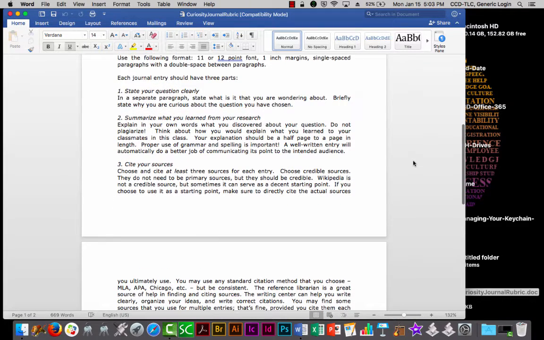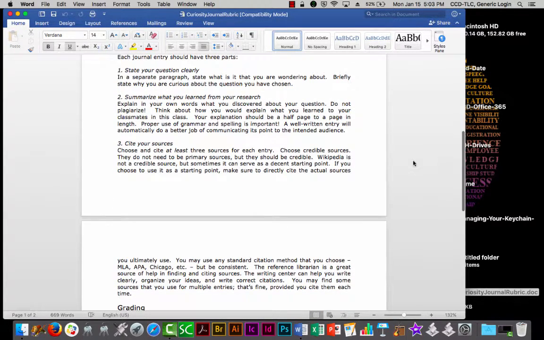You need to have 3 parts. The first paragraph should be stating your question, and again, this should be its own paragraph. What's the question and why are you curious about this? Then the next couple of paragraphs should be summarizing what you learned in your research, so answer your question.